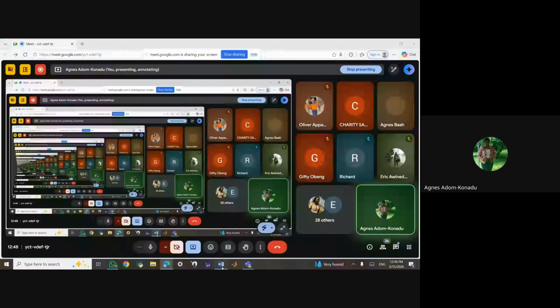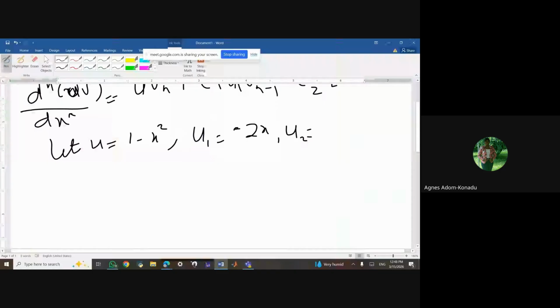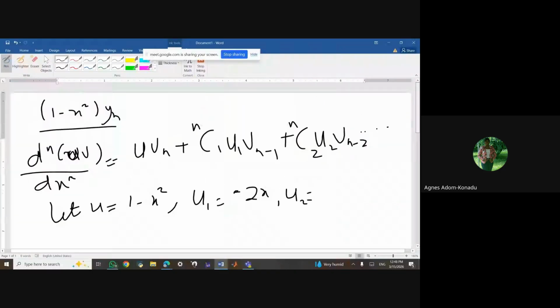Okay, so we have the first term. As I told you, the function is supposed to have three terms. The first term is (1 minus x squared) y sub n. It's a product of two differentiable functions, so we are using the Leibniz rule.